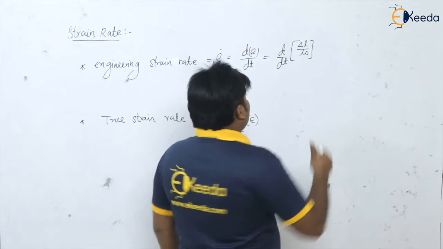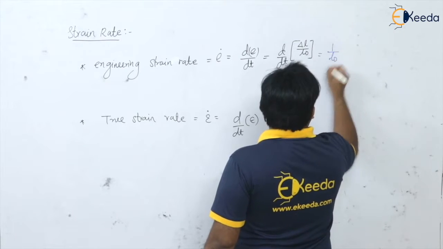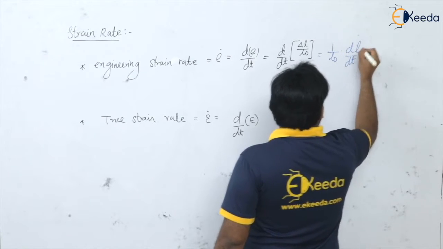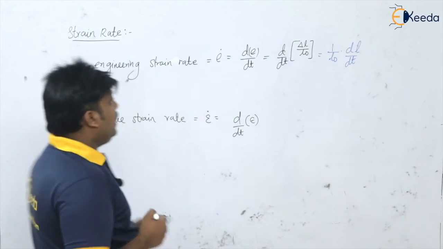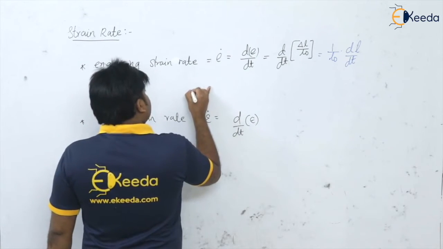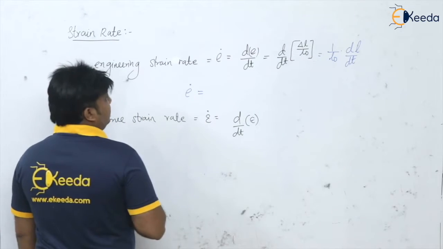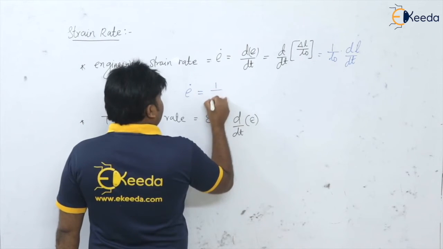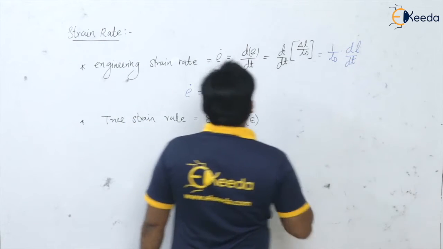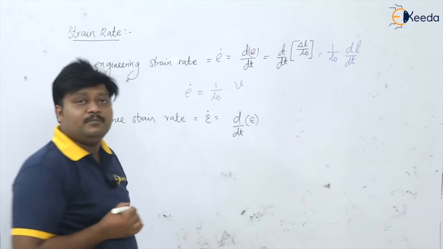So I will take 1 upon L naught, into d/dt of L. So the engineering strain rate e dot is equal to 1 upon L naught, and the change in length per unit time is nothing but the velocity of deformation.